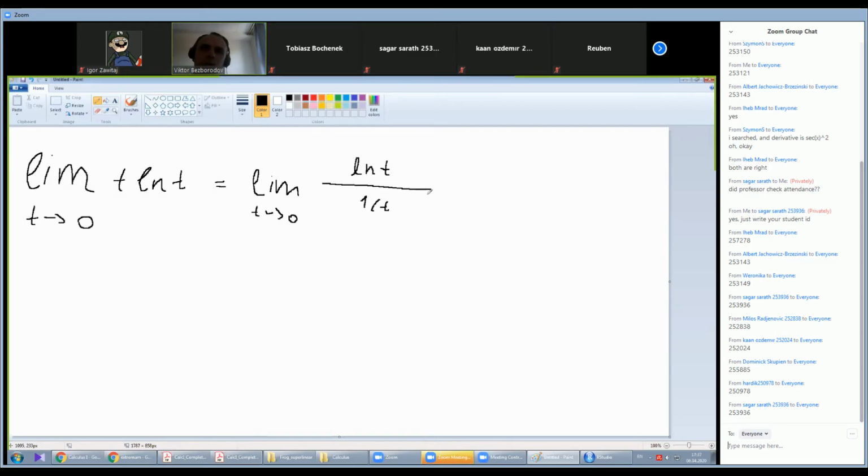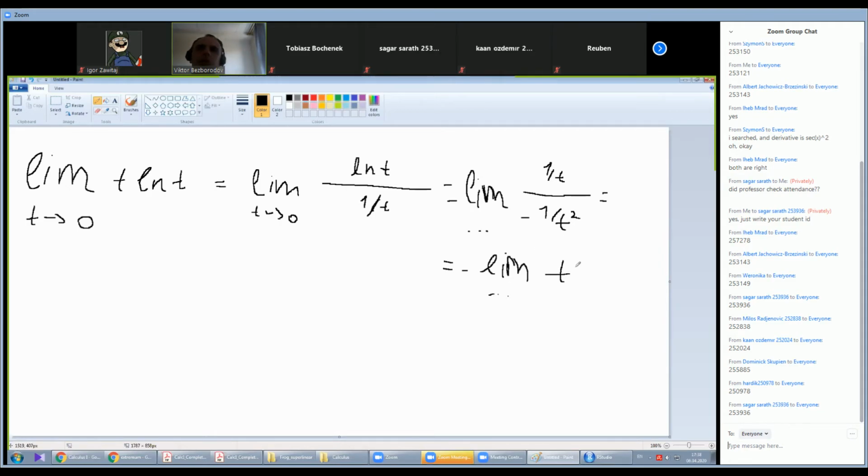So if you take the derivative, you can just take the derivatives of the numerator and denominator. This is 1 over t, and here is minus 1 over t squared. And this is equal to minus the limit of t, right?